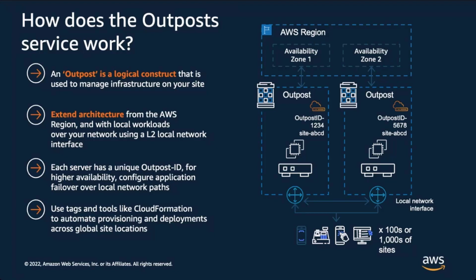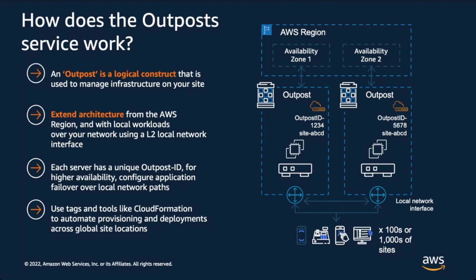Each server has an Outpost ID, and those are considered an outpost, and then we connect them back to the region. That allows you to do a couple things. One, you can run things locally on the Outpost while still sending things like CloudTrail logs and CloudWatch metrics. That stuff all lives in the region, so we're going to send those things back to the region over that connection.